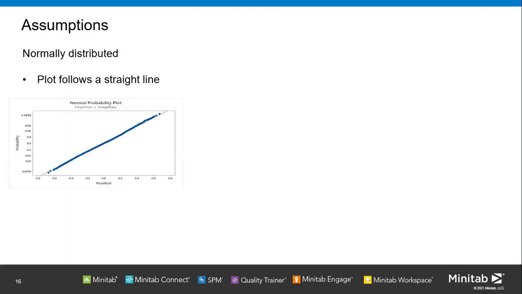The first one, you need to check your assumption on your residual plot, whether it is normally distributed or not. For this case, the points need to follow a straight line. If it is a straight line, we consider that the residual is normally distributed.